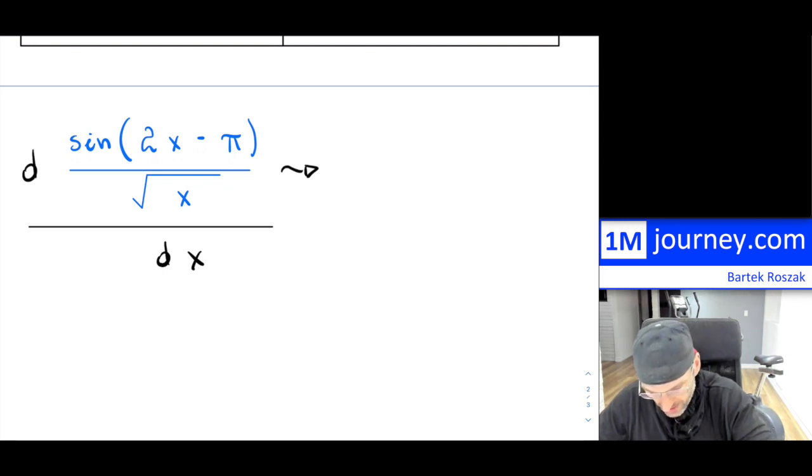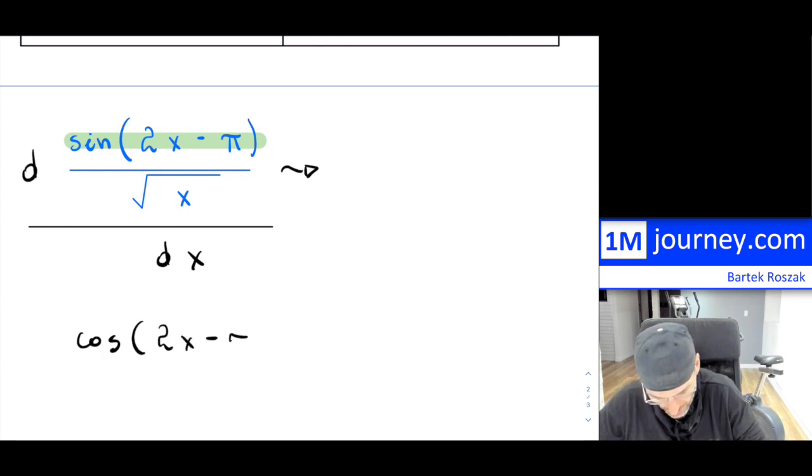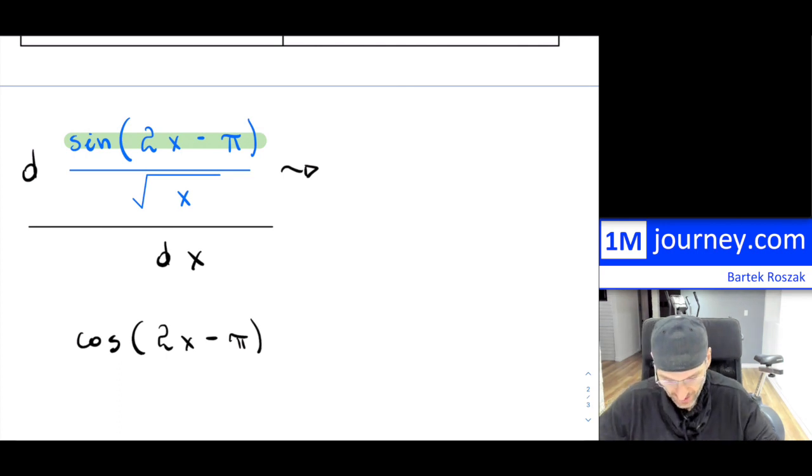So you can take the derivative first of your numerator, so that's what you see there up on top right there. And that derivative, well, the derivative of sine is nothing else but simply cos, so you will have your argument, 2x minus pi, still left in there.